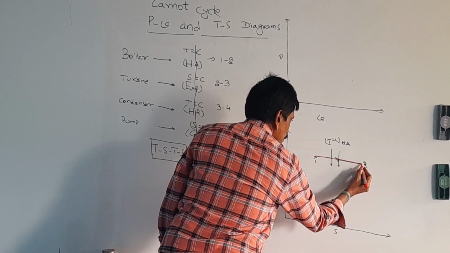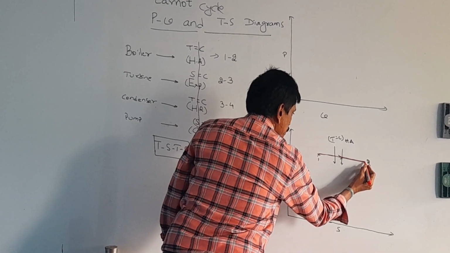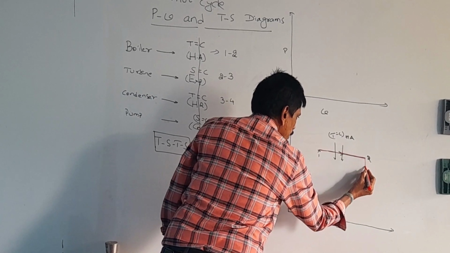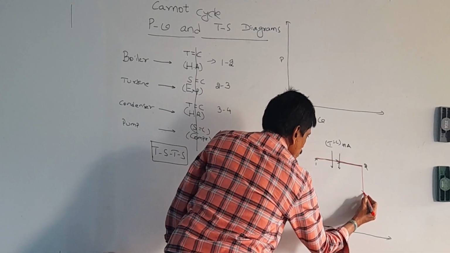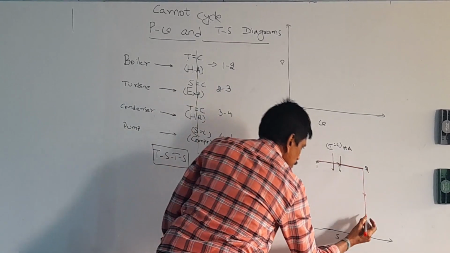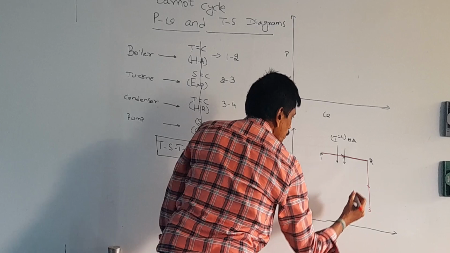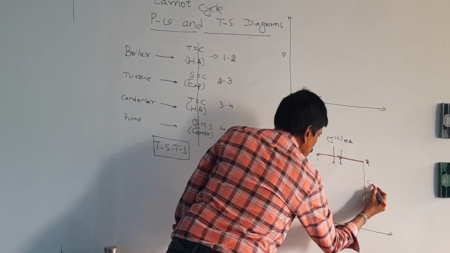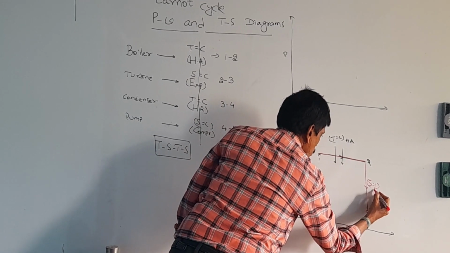So 2 to 3 is the expansion that has to be drawn vertical downwards. Because of the expansion, pressure decreases and the temperature also decreases. So 2 to 3 is the isentropic expansion.